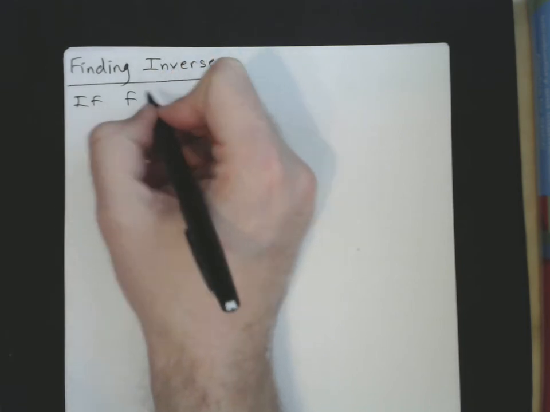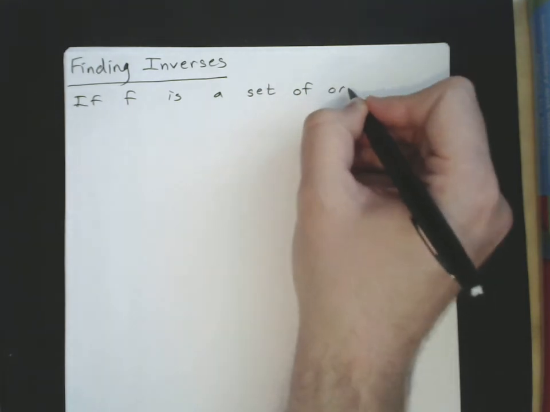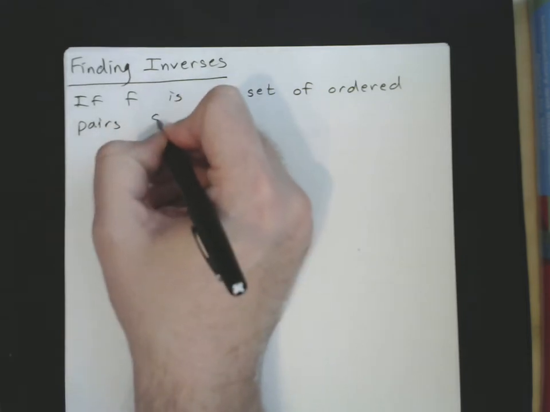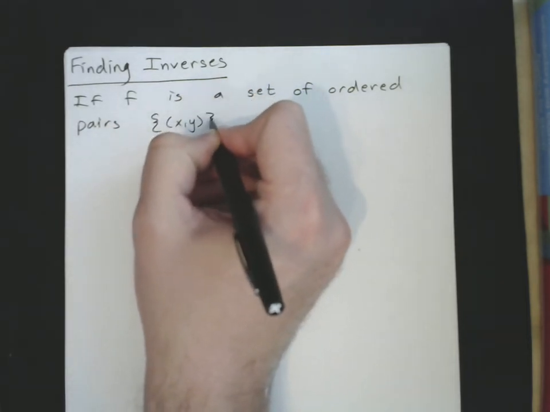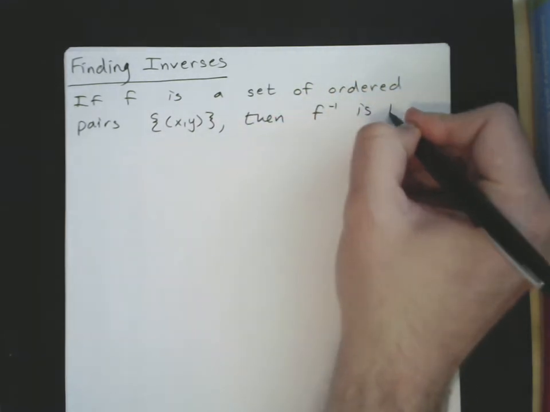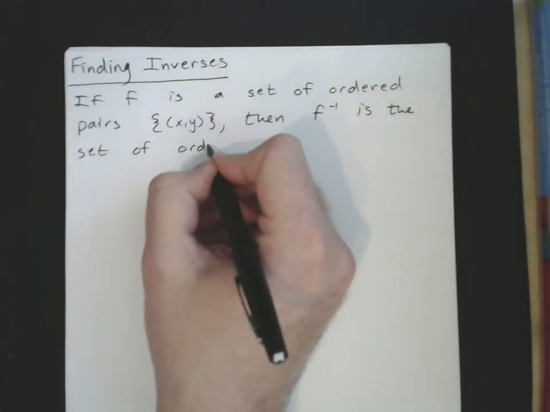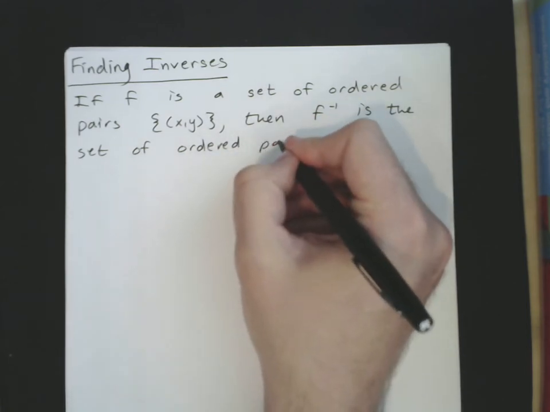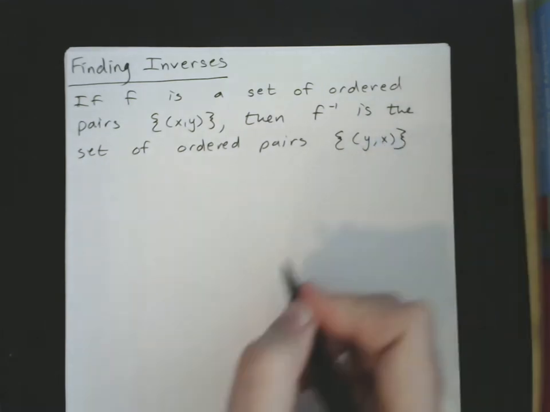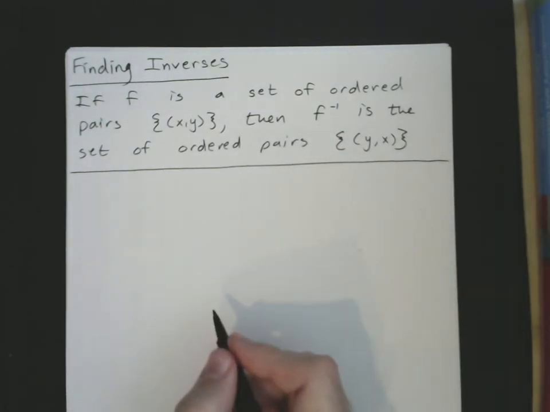So if f is a set of ordered pairs (x, y), then its inverse, f inverse, is the set of ordered pairs (y, x). So essentially, finding an inverse boils down to flipping the x's and the y's.